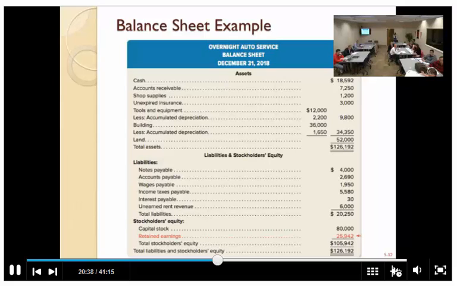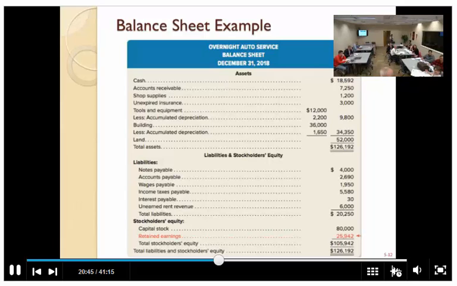Usually you could throw a dime over current liabilities because they're all due within 30 days. And then the retained earnings number that we calculated makes our balance sheet balance. So again, income statement, statement of retained earnings, and then the balance sheet. All right, any questions?